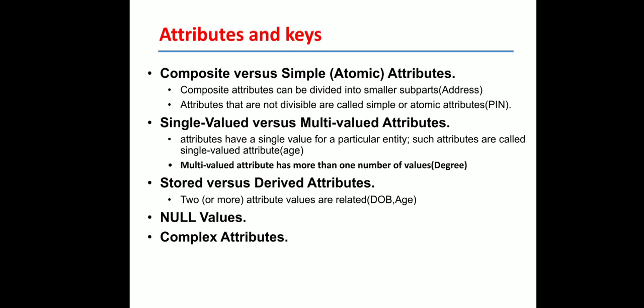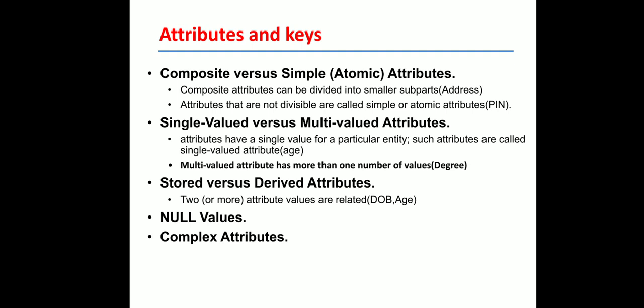It means that the attribute can have more than one value. Such attributes are called multi-valued attributes. If any attribute has a single value, we call it a single valued attribute. An example is age. Age cannot have more than one value, it has only a single value.